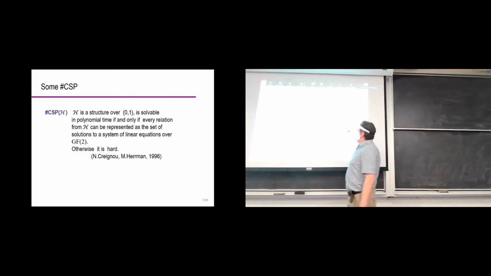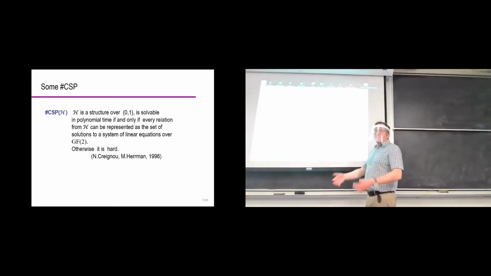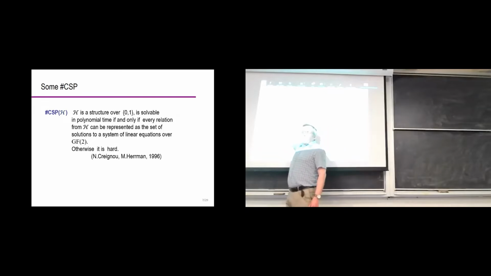For instance, if I look again at that relational structure, F3K, where relations are expressible by linear equations, with a 2-element set, and I define all relations by linear equations, or maybe systems of linear equations, it doesn't matter, then such a counting CSP can be solved in polynomial time.